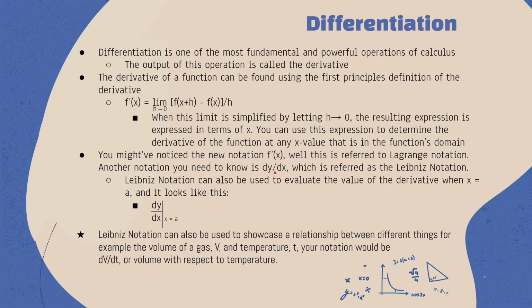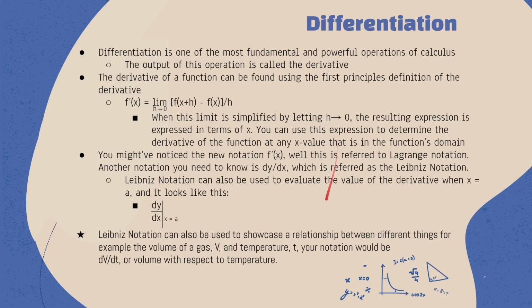It's dy over dx. This again should be written as a fraction, not with a slash, but like this. But since I can't make this everywhere, as it would take up too much space, I just write it this way on the computer. But this is known as Leibniz notation. So we have Lagrange and we have Leibniz. That's all I'm going to say. Not going to try to pronounce the full names.